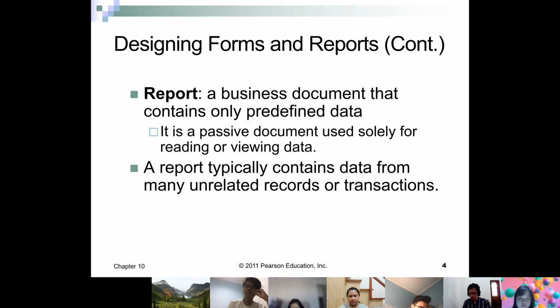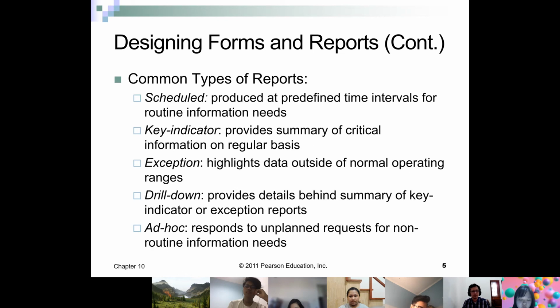Okay. So here are the common types of reports. First, the scheduled report. This is a report produced at predefined time intervals for routine information, such as your attendance record, your transcript.